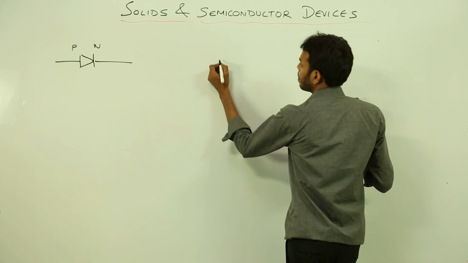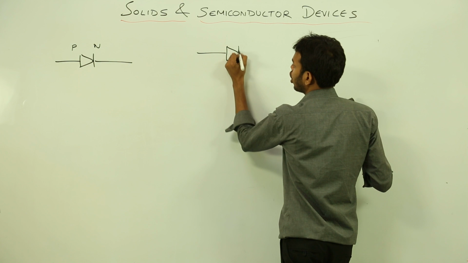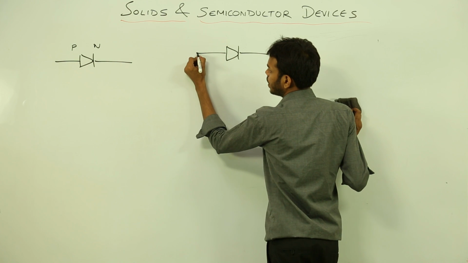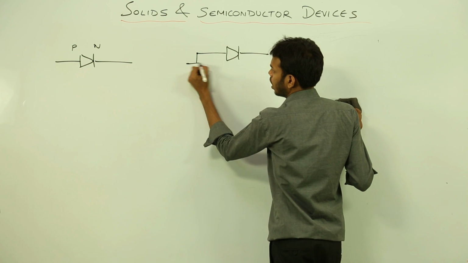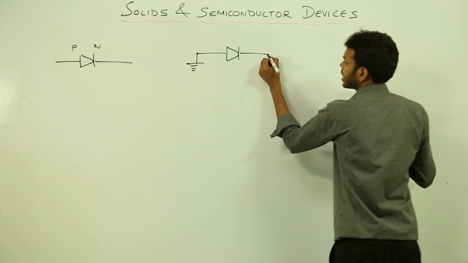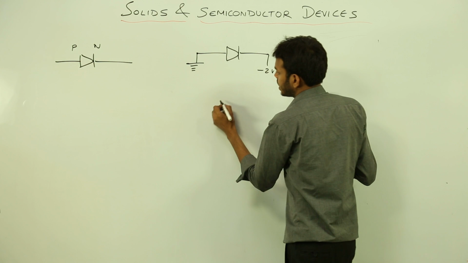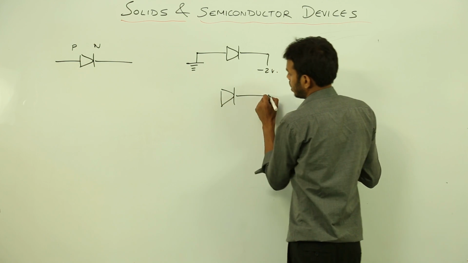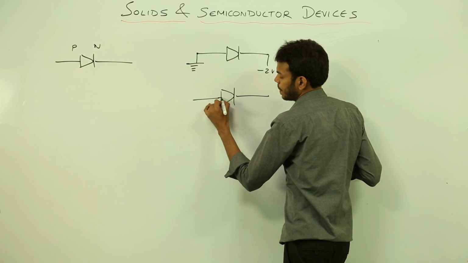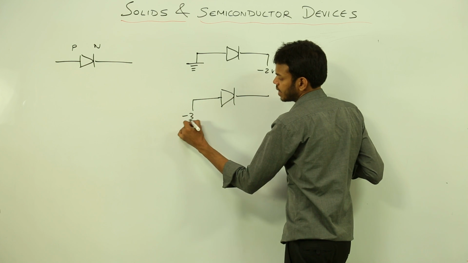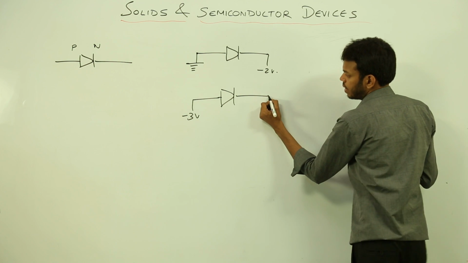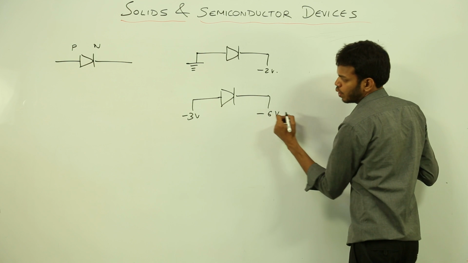I am giving you 4 examples. Tell me which one is forward biased, which one is not. This one is connected to earth and here it is connected to -2 volts. Second case, this is minus 3 volts and here we have minus 6 volts.